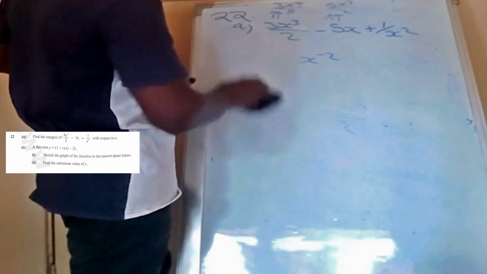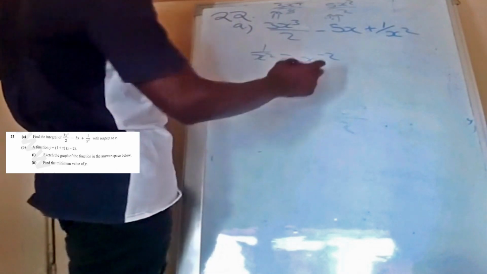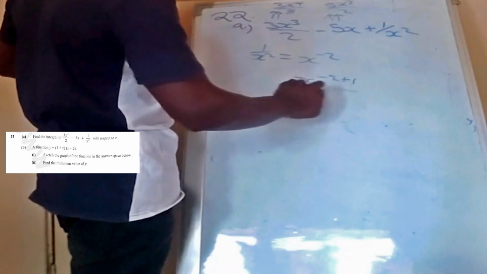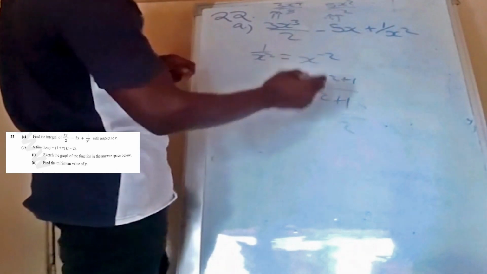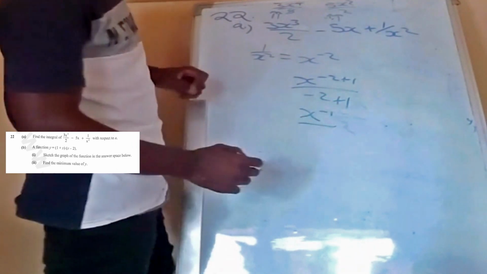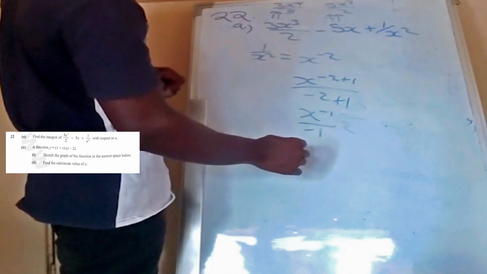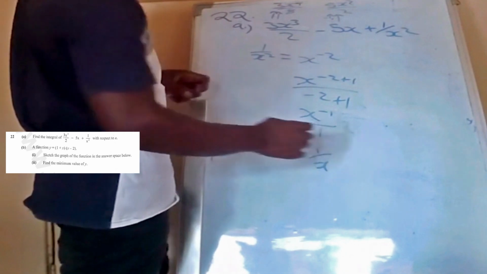So this would become x to the power negative 2 plus 1 over negative 2 plus 1, right? So what is negative 2 plus 1? It's simply negative 1. So we've got x to the power negative 1 over negative 2 plus 1, which is also simply negative 1, right? So this can be written as negative 1 over x.